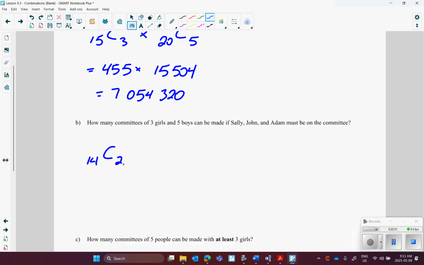That's for the girls without Sally, because she's already on it. Girls without Sally. 18 choose 3, right? Because there's 18 boys, we can only choose 3 because John and Adam must be on the committee. So these are boys without John and Adam.